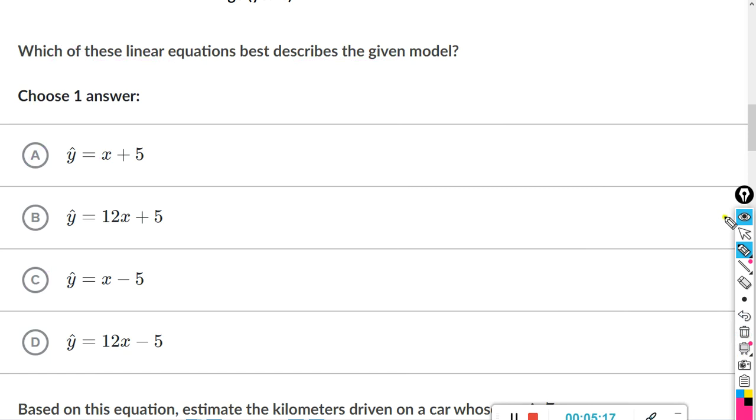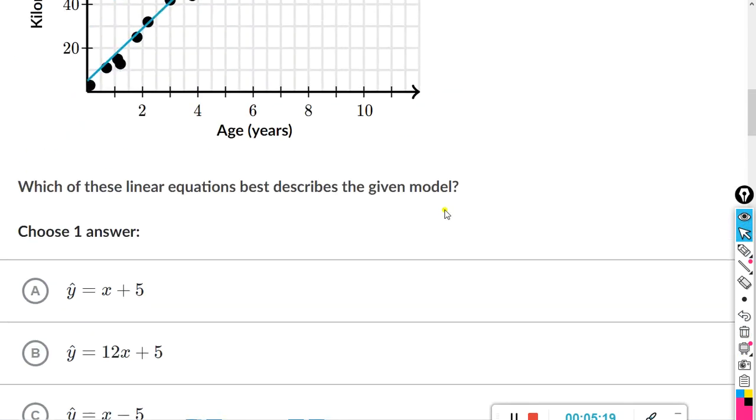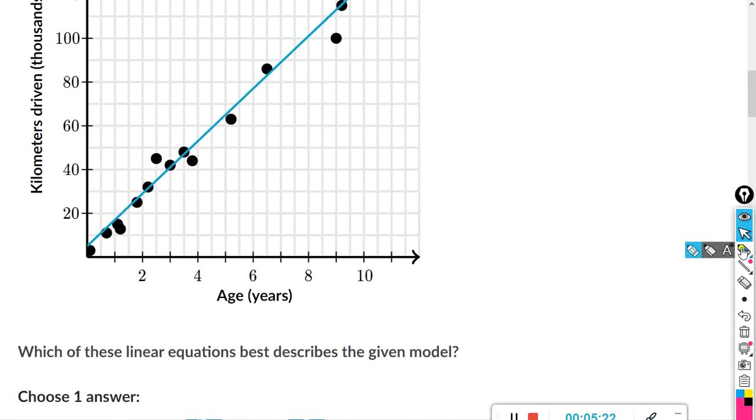So let's check this out on the graph. It's either B or D. And now all we need is the y-intercept, which we said was the point where it crosses the y-axis. If you go right here, again, we said this point was about 5 on the y-axis.